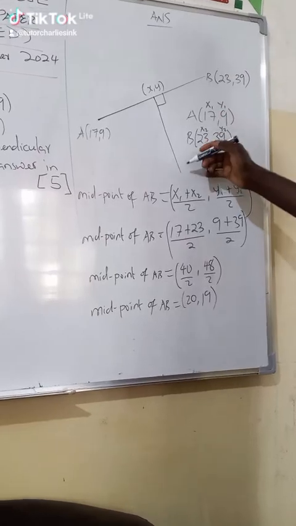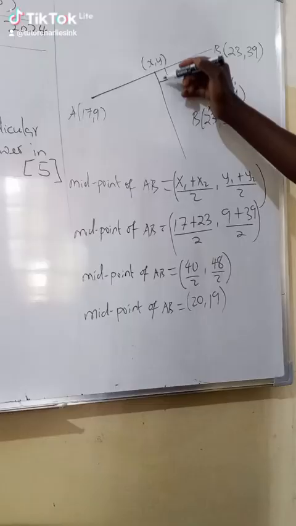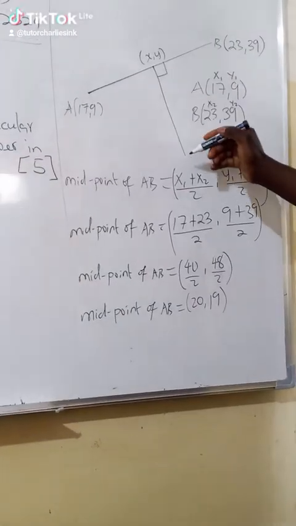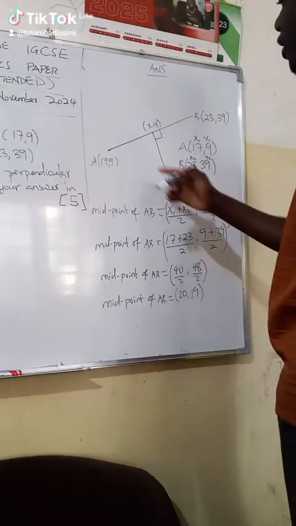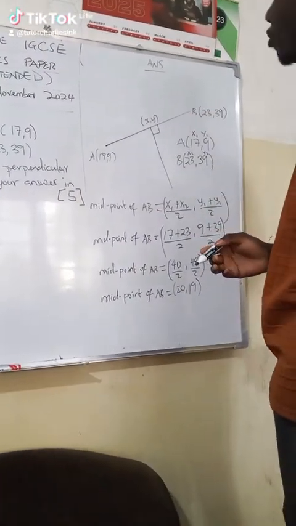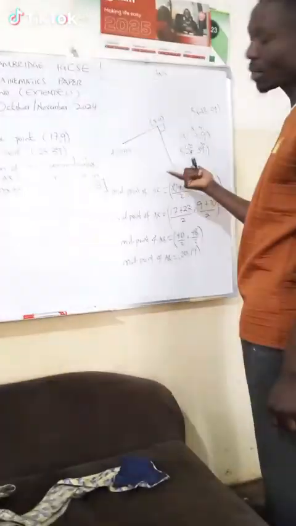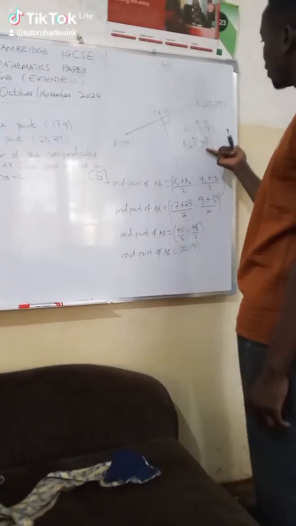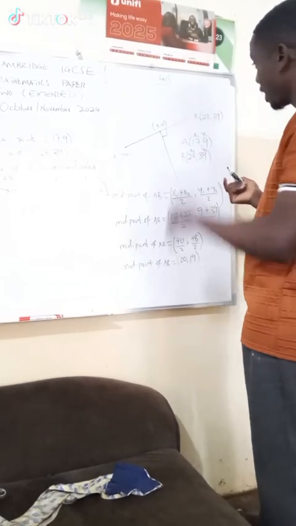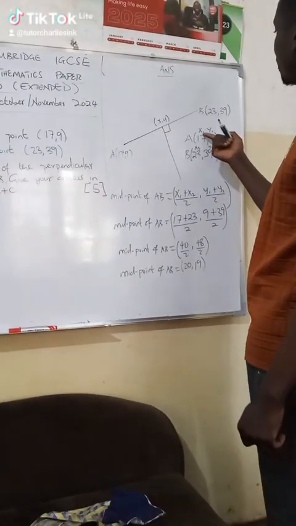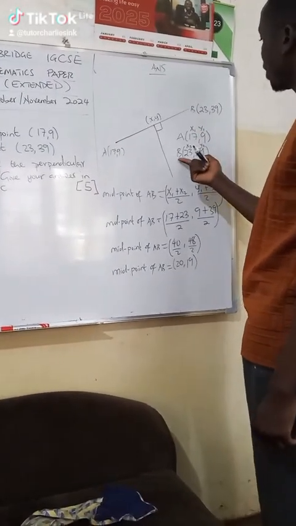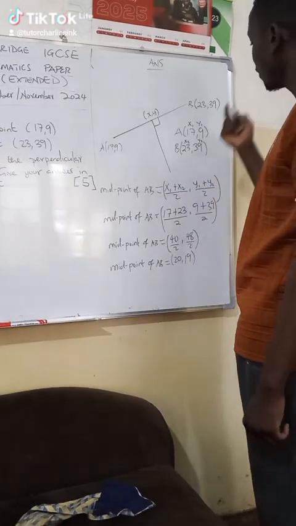So to find the coordinates where the perpendicular bisector is passing through, I'm simply going to find the midpoint of AB. A is the point (17, 9), B is the point (23, 39). The first pair is for the ones, x1, y1, the second pair for the twos, x2, y2.